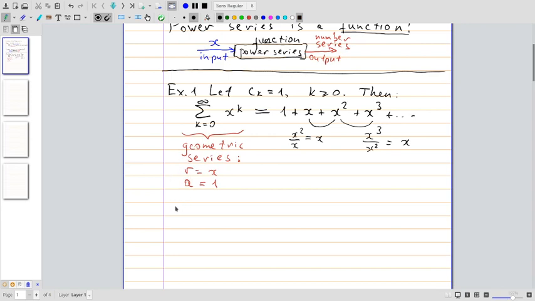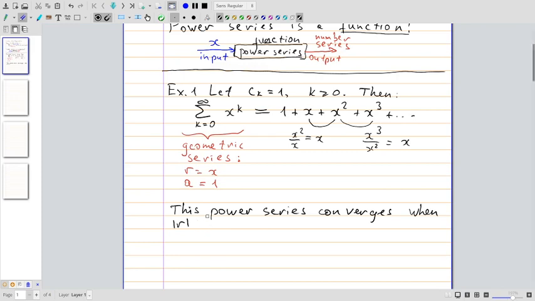First we can say that this power series converges when the absolute value of r is less than 1. That's just the convergence criterion for the geometric series. Now, r is equal to x.